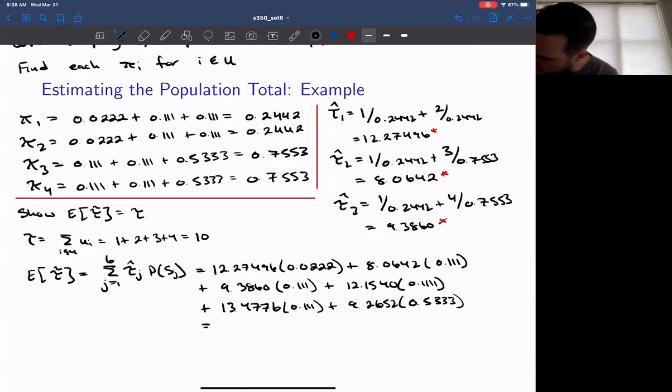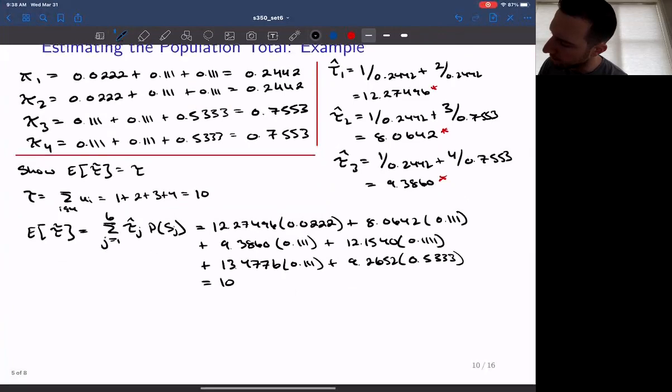Okay, and then this should give us 10. Surprise, surprise. Right, so therefore, tau tilde is unbiased for tau.